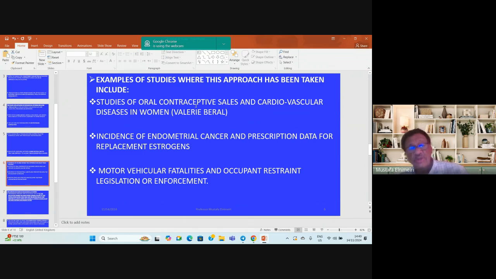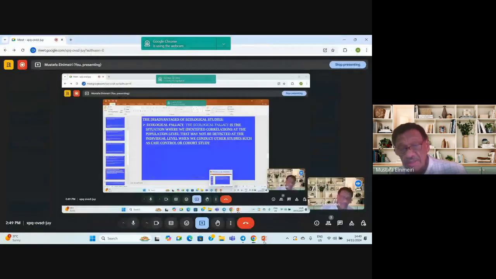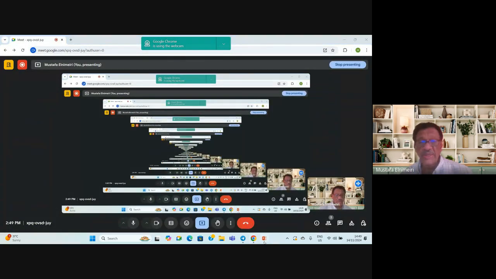For example, studies of oral contraceptive sales and cardiovascular diseases in women, and this was held by Valérie Peral; incidence of endometrial carcinoma and prescription data for replacement oestrogens; and motor vehicular fatalities and occupant restraint legislation or enforcement. These are examples of the correlational or ecological studies.